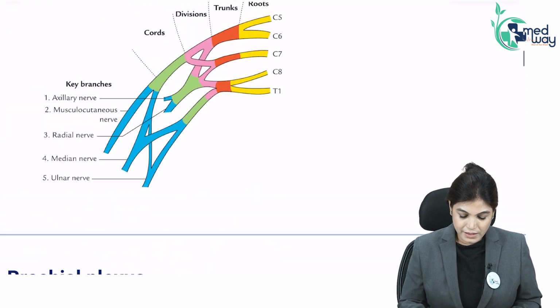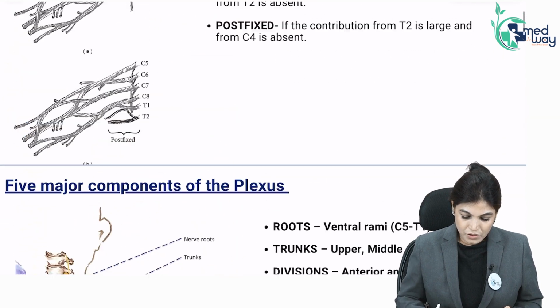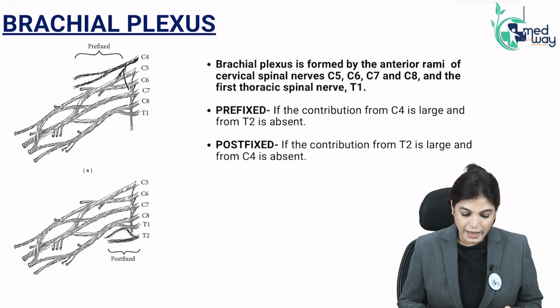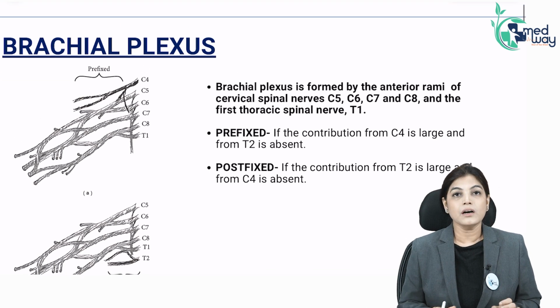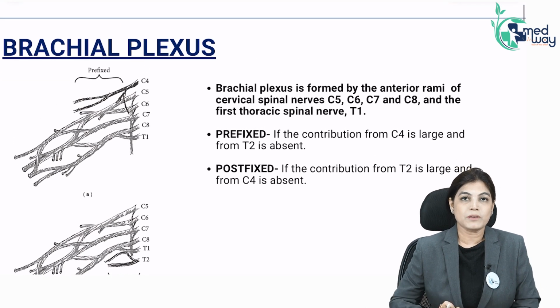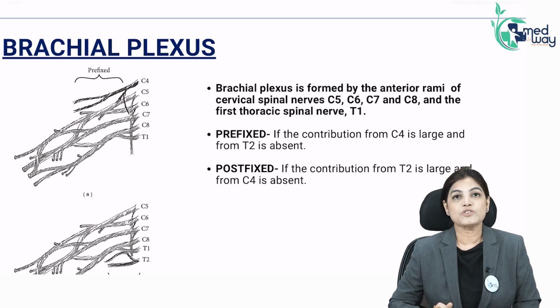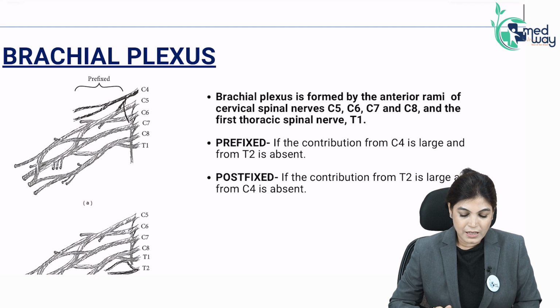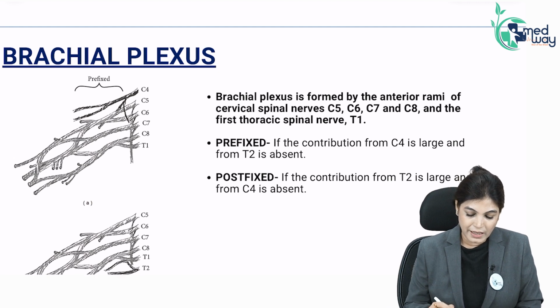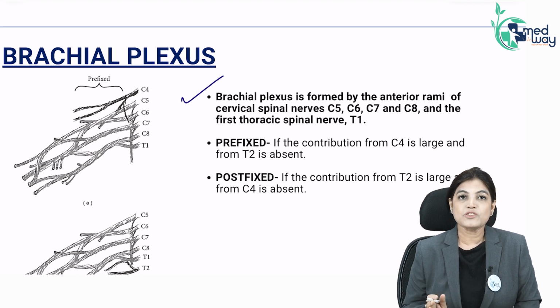Now, let's come back to the discussion. What I have told you is about the most common formation of brachial plexus, but other formations are prefixed and postfixed. The common formation is via C5, C6, C7, C8 and T1.